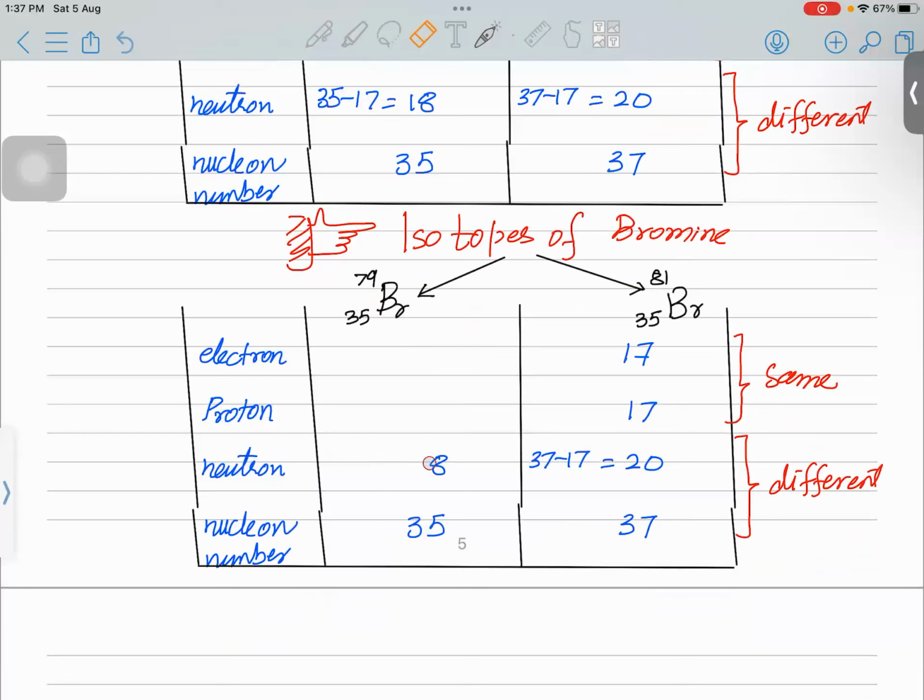Now, can you tell me the number of electrons and protons?